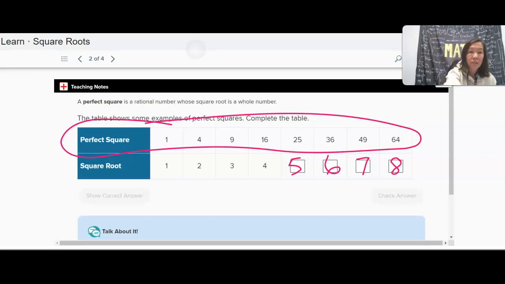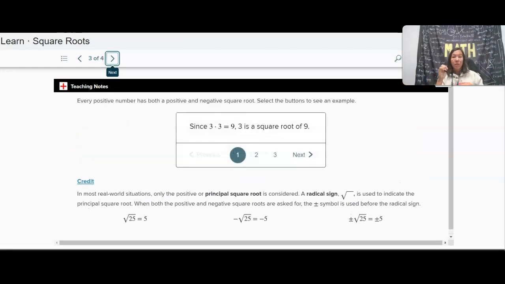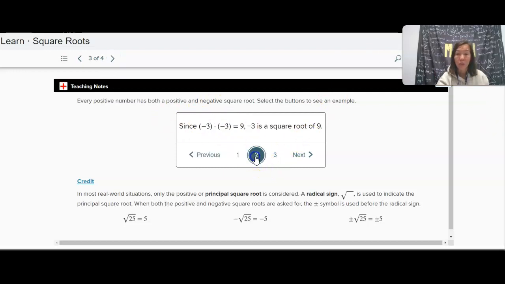Now, another thing that's important to note is that every, and you can go to page 80 for this, every positive number has both a positive and negative square root. So if you think about it, 3 times 3 equals 9, right? So 3 is the square root of 9.